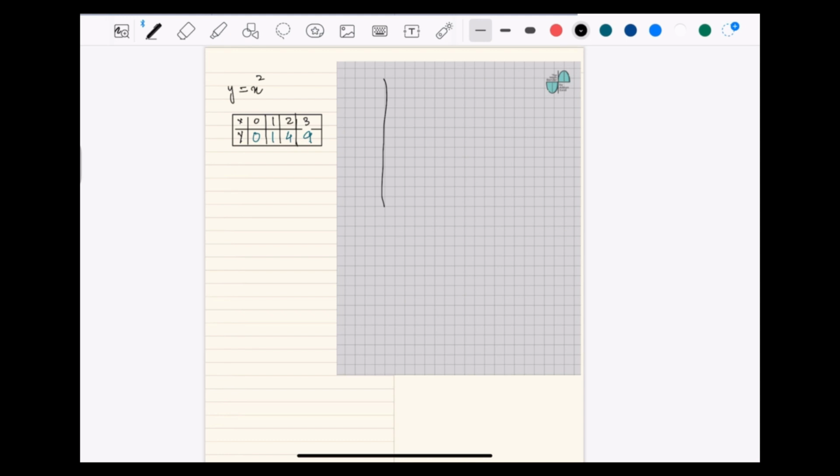If I draw this behavior on the x and y axis, at 0, 0, at 1, 1, at 2, 4, and at 3, 9. If I draw this, it will be a curve like this, a quadratic curve.